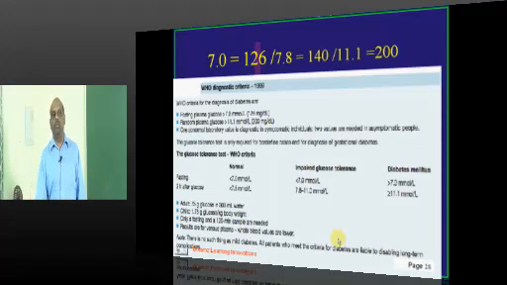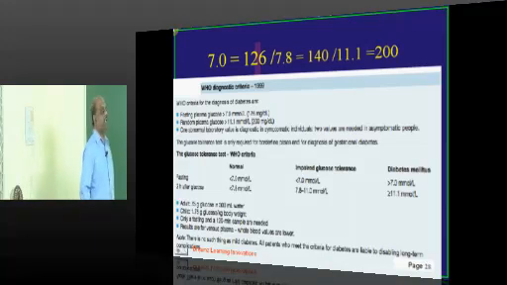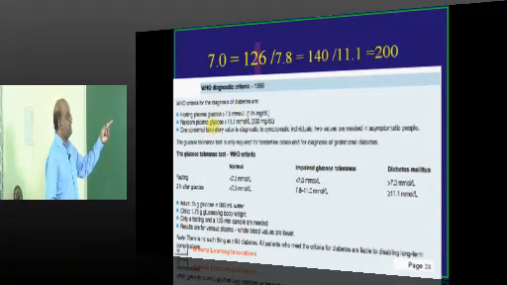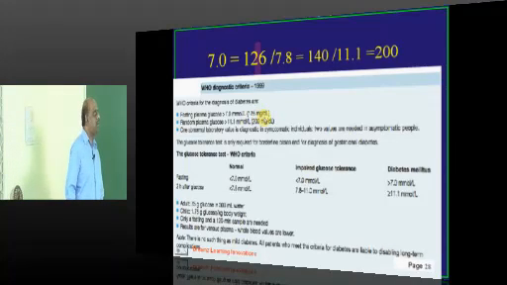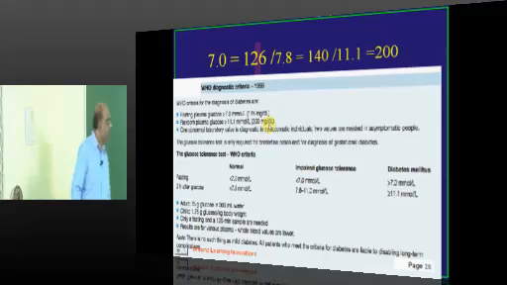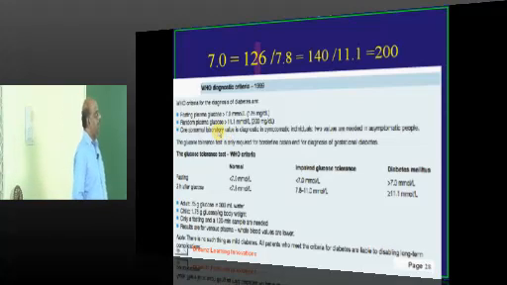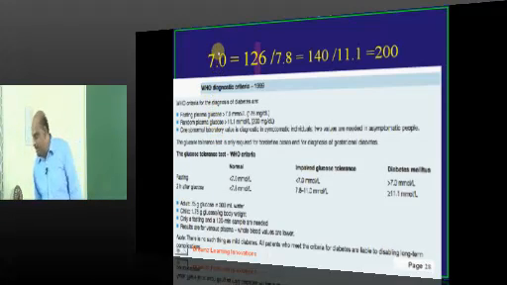WHO has proposed a very important criteria: fasting plasma glucose more than 126 milligrams per deciliter, or random plasma glucose more than 200 milligrams per deciliter, is an important criteria for the diagnosis of diabetes.